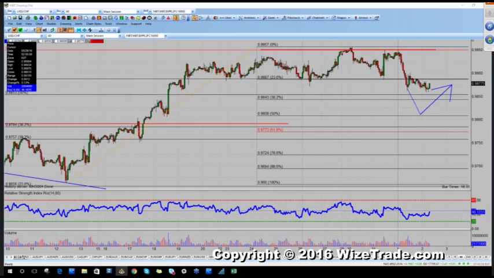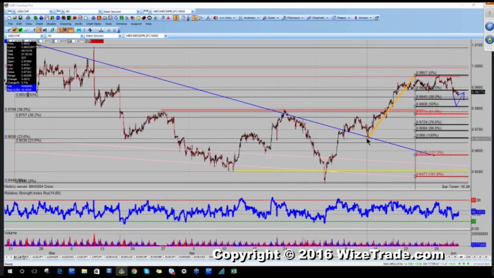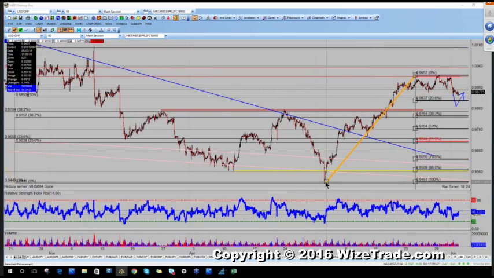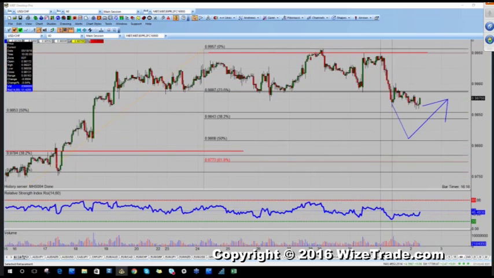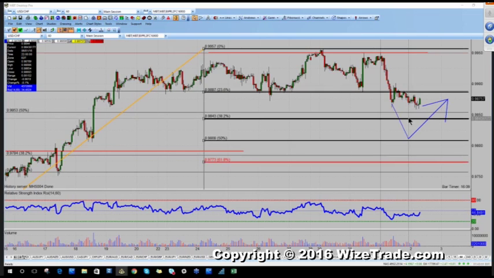We aren't even getting to a 38% retracement here. That's not even 24% retracement. I'm really thinking that any move down here to 98, maybe even 98.50.